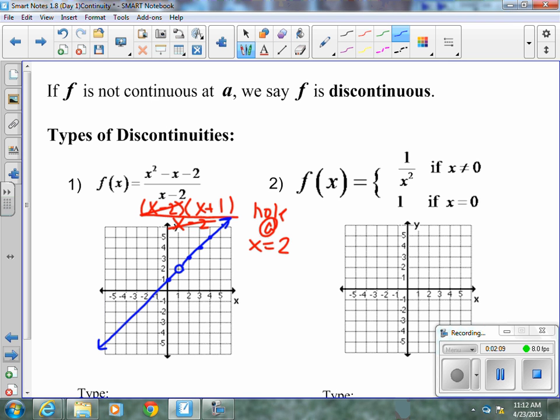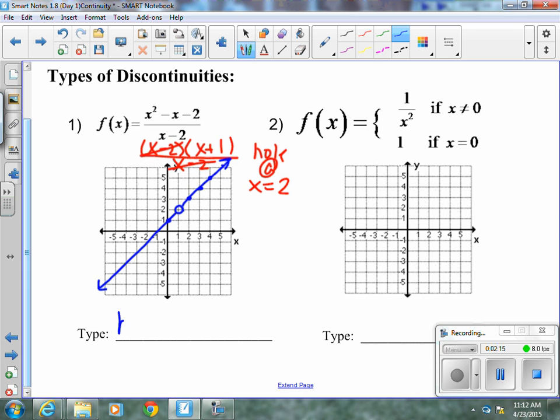That is a discontinuity that we sometimes call a hole. You'll also occasionally see it referred to as removable, because you could put a point in that hole to fix it, which is why they consider it removable.